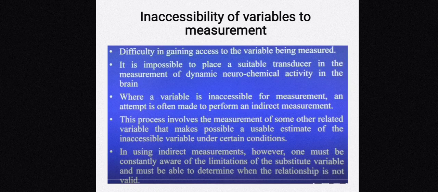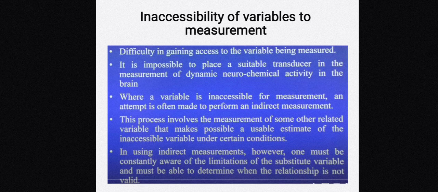So one of the greatest problems is inaccessibility of variables to measurement, which means, suppose you want to measure any variable in a human body, for measuring that variable you need a transducer, or a measuring device. So most of the time it is impossible to place a suitable transducer in a position so that the measurement can be made.